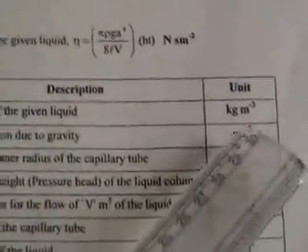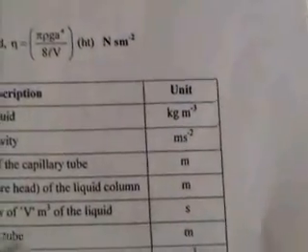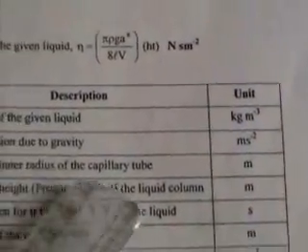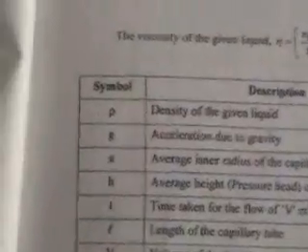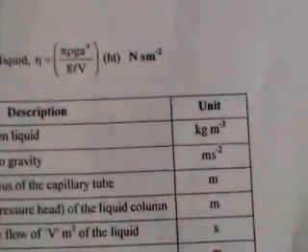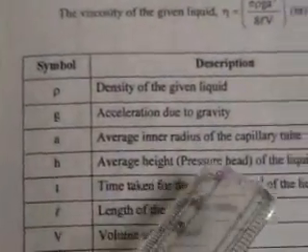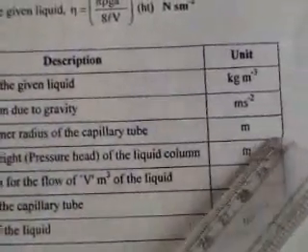Rho is the density of the given liquid in kilogram per meter cube. Most often we use only water, so the density is going to be 1000 kilograms per meter cube. G is the acceleration due to gravity in meter per second square. A is the average inner radius of the capillary tube in meters.